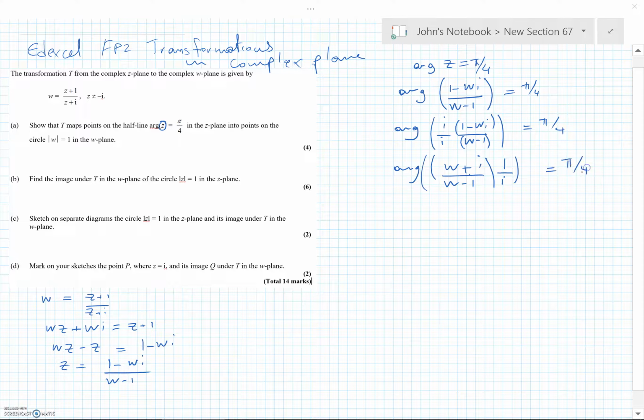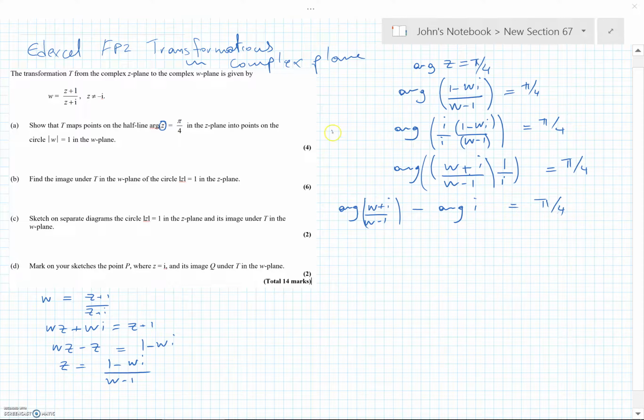So now I'm going to use argument properties. So we've got the argument of (w plus i) over (w minus 1), minus the argument of i, is equal to pi by 4.